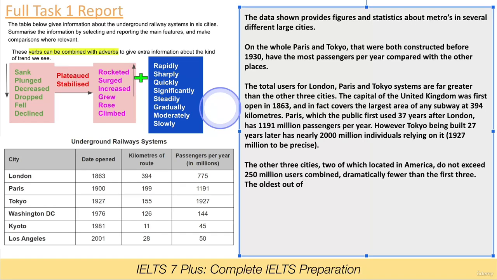Okay, so the oldest out of this grouping is Washington, DC, open to use in 1976. And it's quite large as well, 126 kilometers.